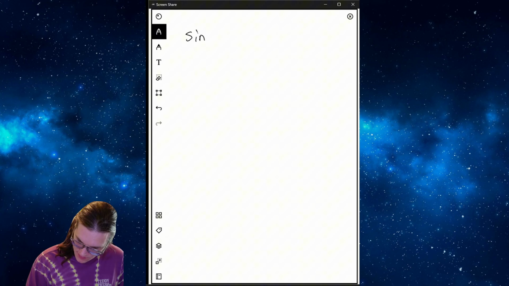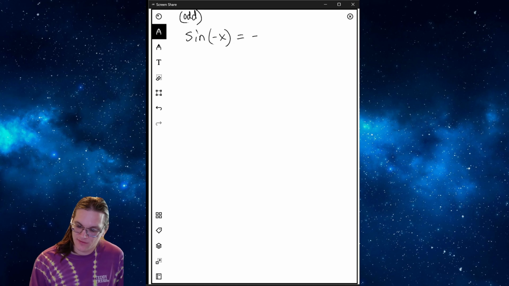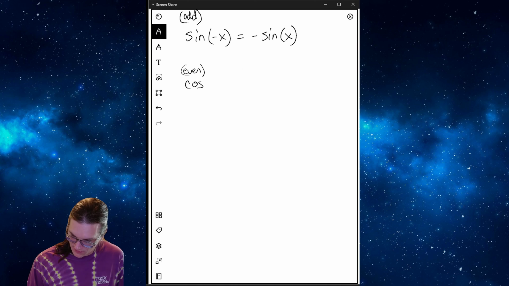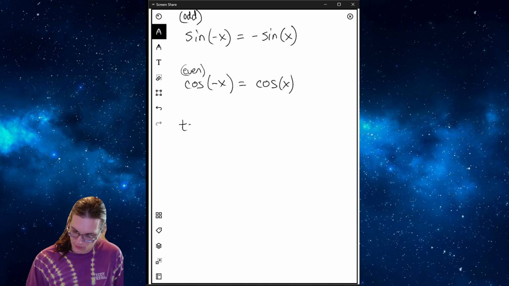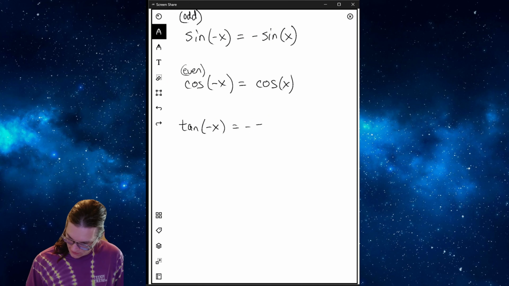Remember that sine being odd, if you have a negative argument, then that's the same as the negative of the sine function itself on the positive version of that argument. Cosine being even just says that it doesn't change. It doesn't care, right? And then tangent is the same rule as sine, because this should be intuitive.